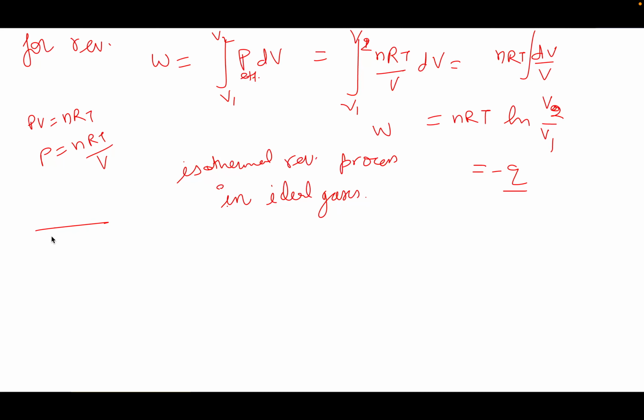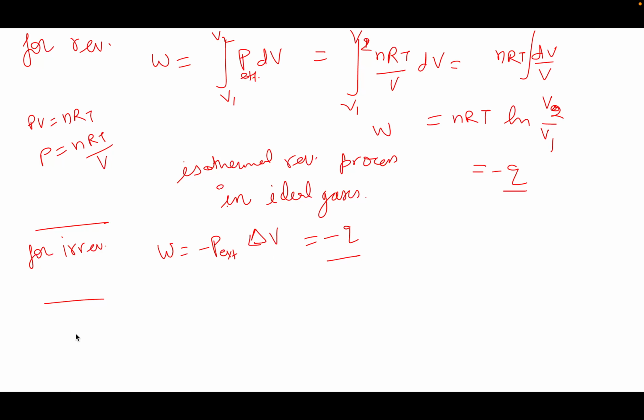Now for irreversible, what happens if the process is irreversible? Then work done is equal to minus P external delta V, and this is equal to minus Q only.